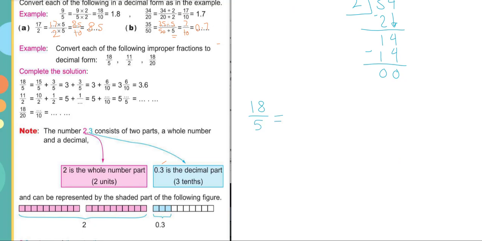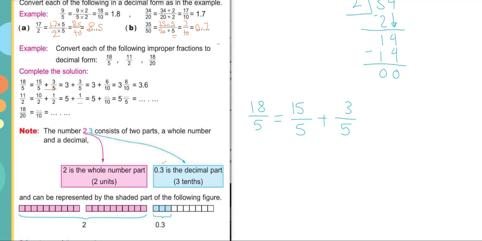The unit digit must equal 5 or 0, so the nearest number is 15. 15 over 5, and 18 minus 15 equals 3 over 5. So 15 over 5 plus 3 over 5.